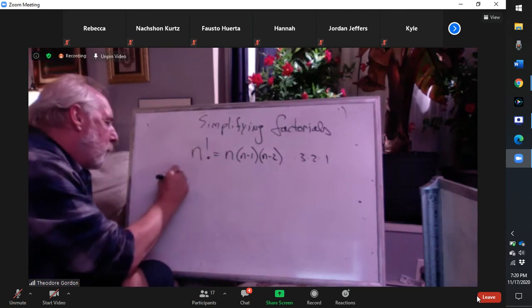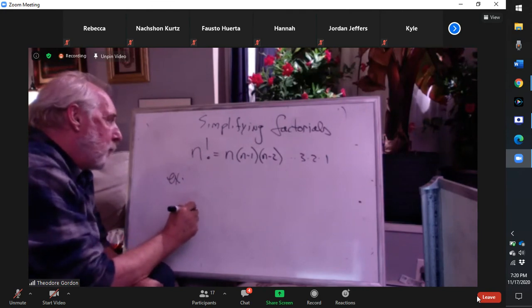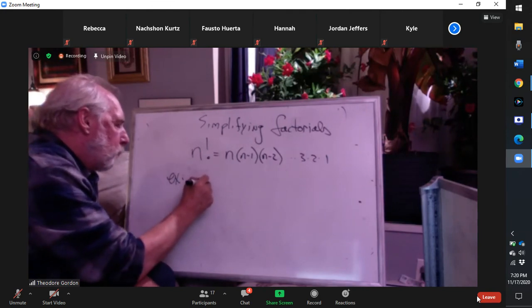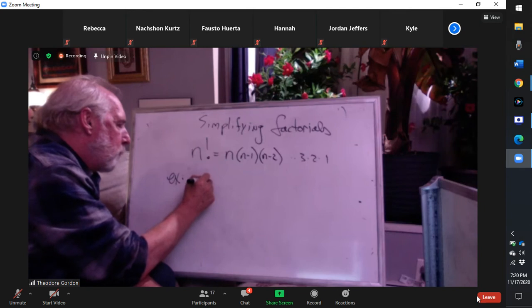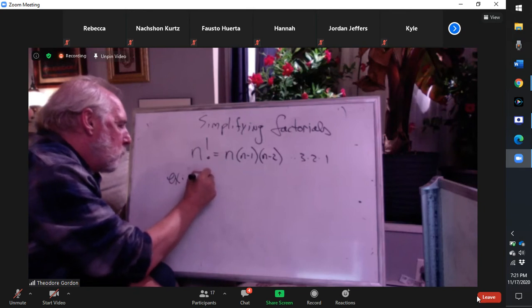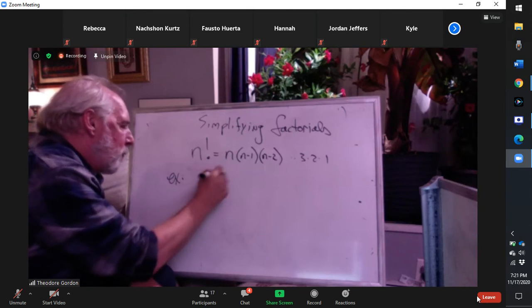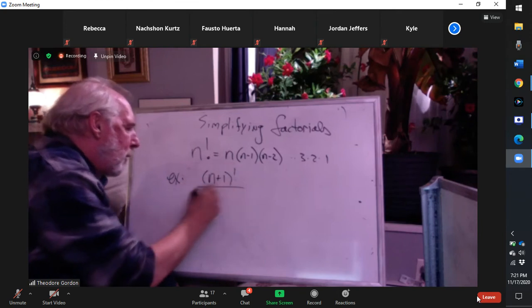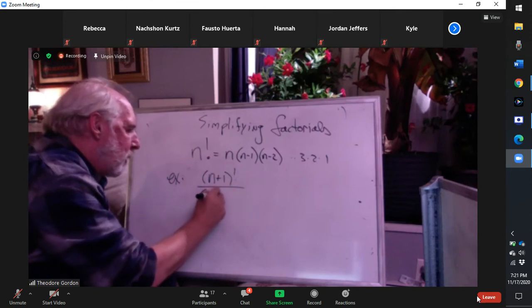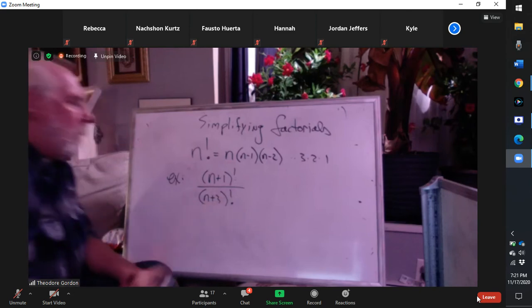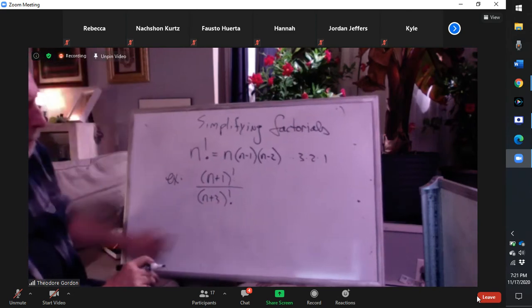So example, if we have n plus 1 factorial, and on the bottom, we have n plus 3 factorial. And we want to simplify that.